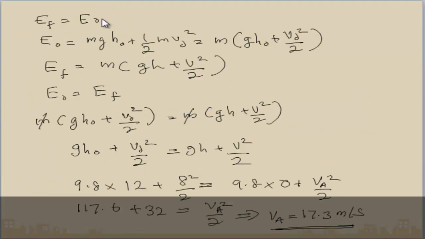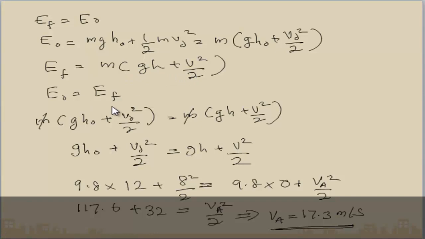So we can use conservation of energy. E final equals E initial. E initial is equal to mgh0 plus 1/2 mv0 squared, and that equals m times (gh0 plus v0 squared over 2). In the same way we can write E final: E final equals m times (gh plus v squared over 2).